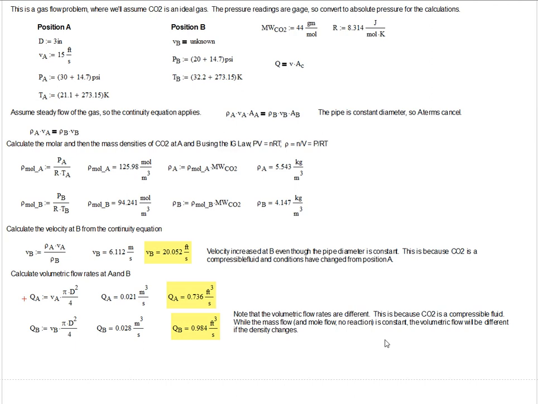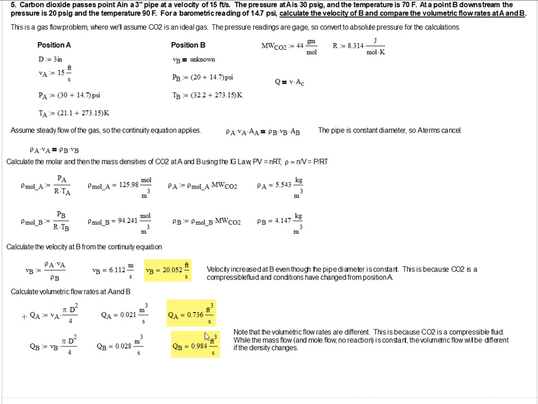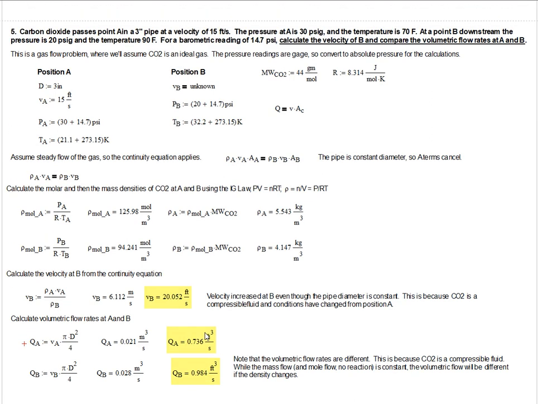And because the densities are the same, that would mean for a constant diameter pipe that the volumetric flow rates would also be the same. So make sure that you work through these problems step by step to make sure you don't miss any of these things. Gases are compressible. You have to take that into account when you're solving these problems.